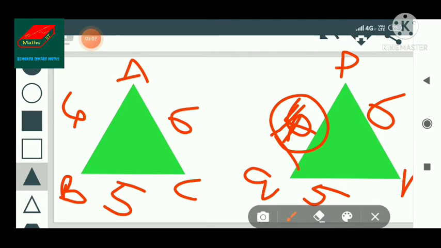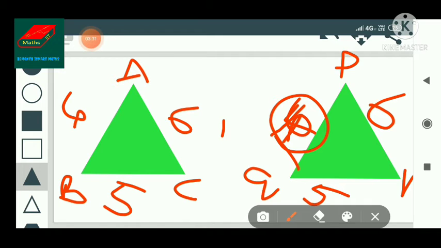What is meant by the SSS congruency condition? It means its corresponding sides should be equal, so their lengths should be equal. AB equals PQ equals 4 centimeters, BC equals QR equals 5 centimeters, AC equals PR equals 6 centimeters. So they prove SSS congruence.